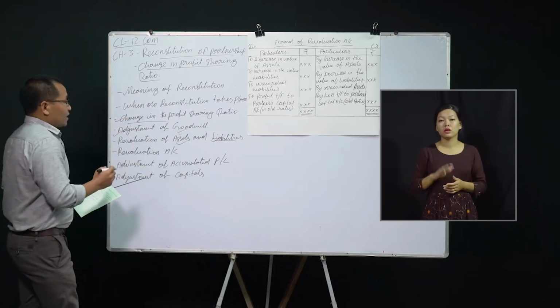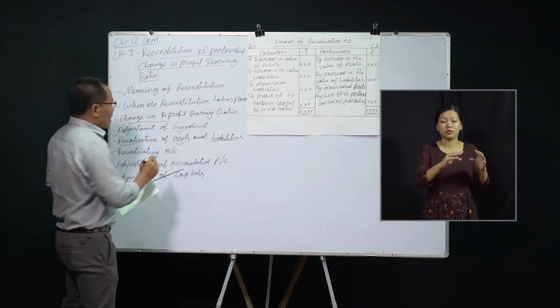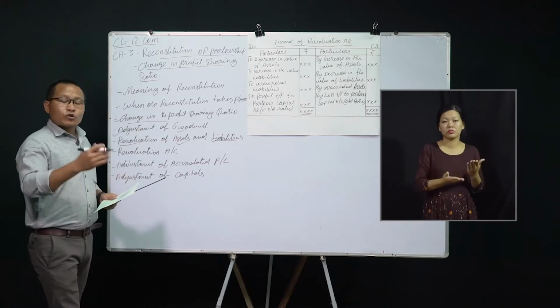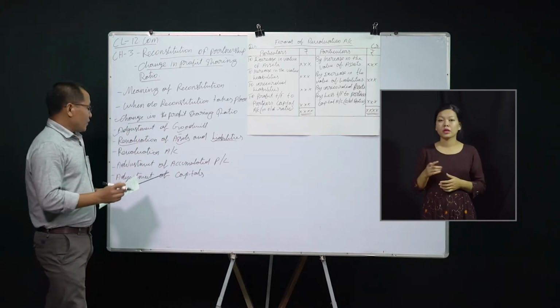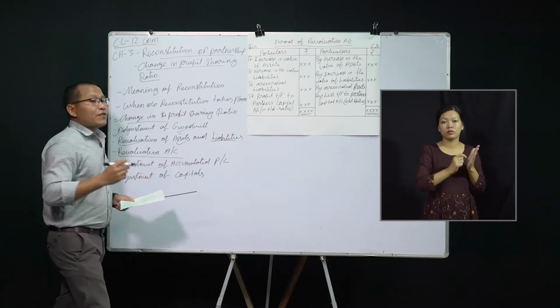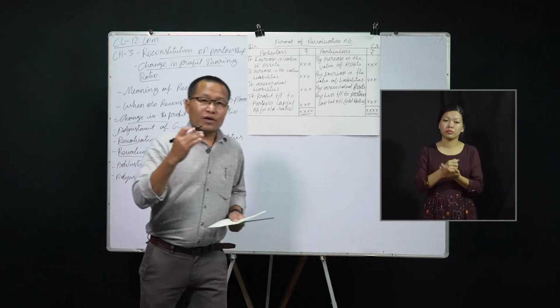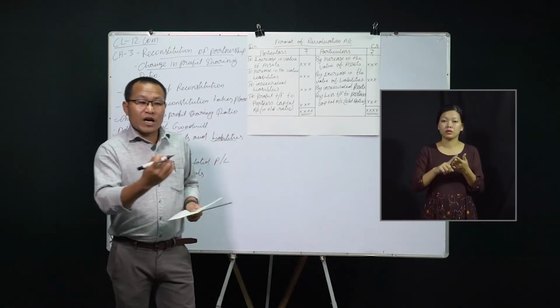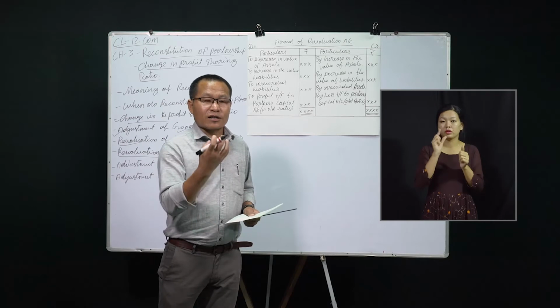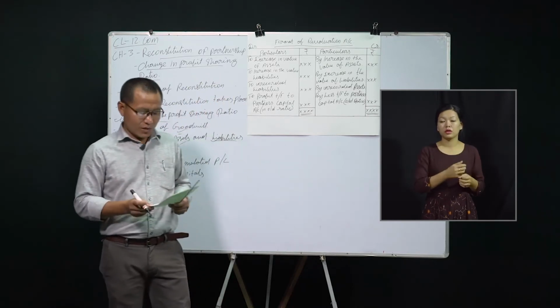Revaluation account. In order to revalue the assets and liabilities and also to record the value of goodwill, we have to prepare a revaluation account. The word itself clearly indicates that we are revaluing the assets and liabilities of the firm.